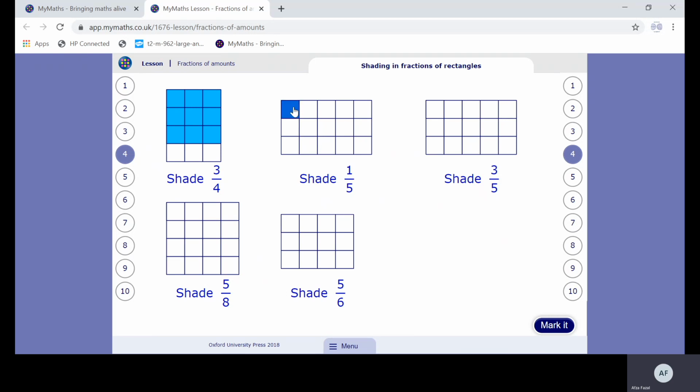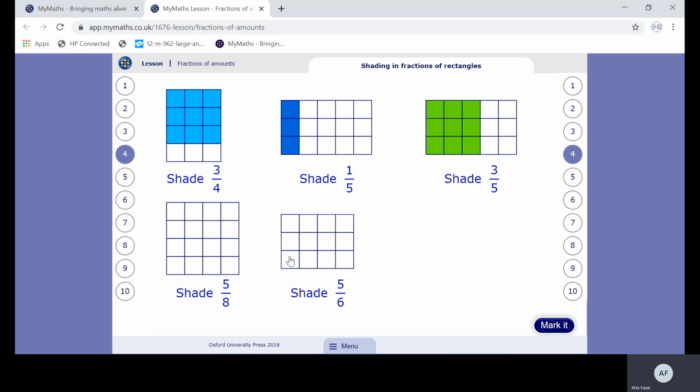So looking at this shape, you've got 1, 2, 3, 4, 5. So you've got 15 pieces. And if you're shading 1/5 of each, do it like this. 3/5. So if that's 1/5, that's 2/5. Then we've got 3/5.